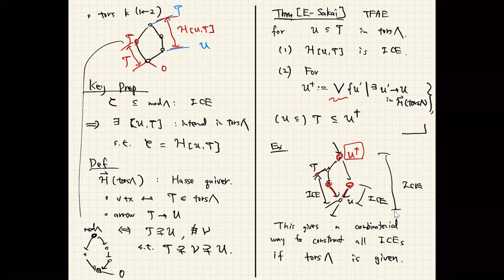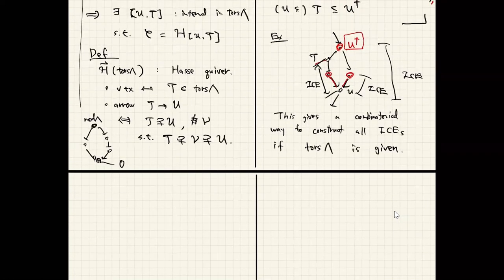This is actually not a classification because it's not a bijection. This means that, for example, different intervals may give the same ICE-closed subcategory. Maybe this and this give the same ICE-closed subcategory. But as a corollary of this result, we have the following description of ICE-closed subcategories.